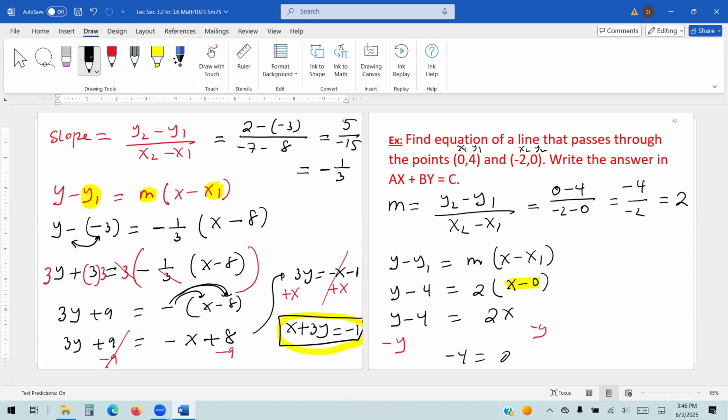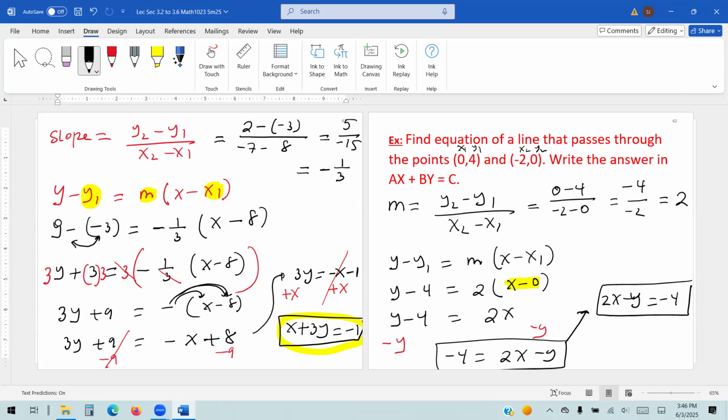We get negative 4 equals 2x minus y. And we can rewrite it: 2x minus y equals negative 4. If your x is already positive, keep it. Move the y, not the x. You can solve it in one step.